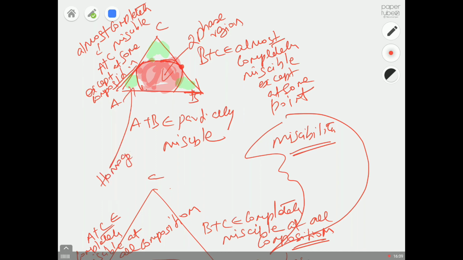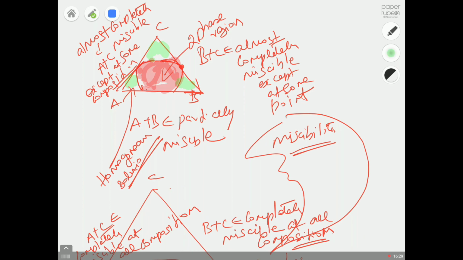So separation is not possible. We will try to solve some problems. Then that problem will tell you how cool this graph is. We can solve a lot of engineering problems using this one ternary diagram.